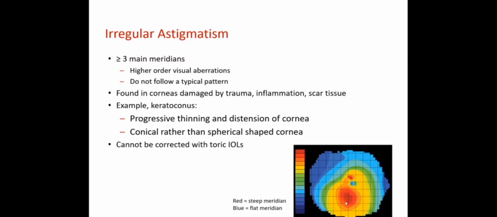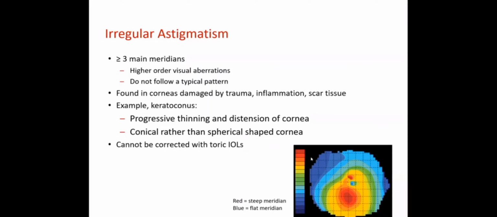You have steepening on a very specific part of the cornea. This is what is known as keratoconus. This kind of astigmatism typically has more than 3 different axes, so it causes a lot of problems with the vision.